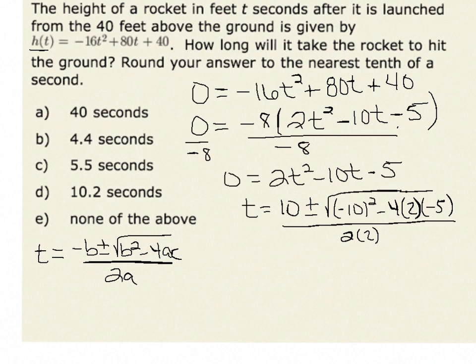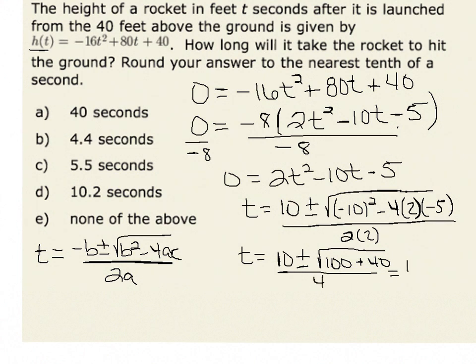Now we just need to simplify the numerator and denominator. In the numerator, we have 10 plus or minus the square root of negative 10 squared, which is 100. And then we have 4 times 2, which is 8, times a negative 5, which is a negative 40, so minus a negative 40 is a positive 40, all over 4.